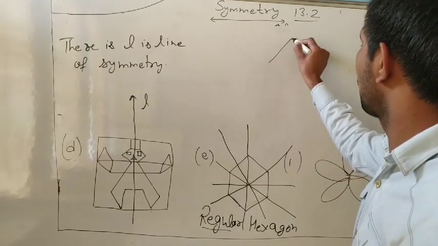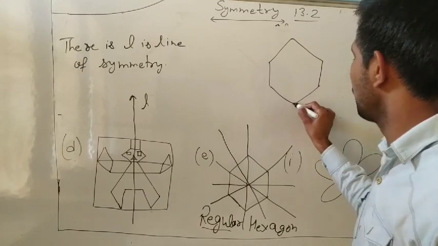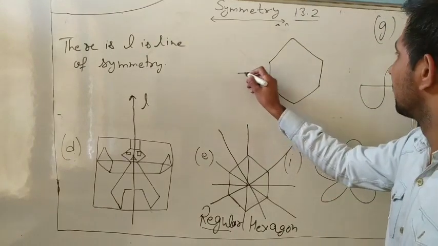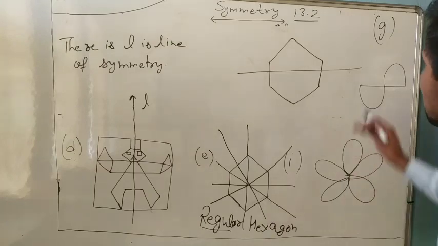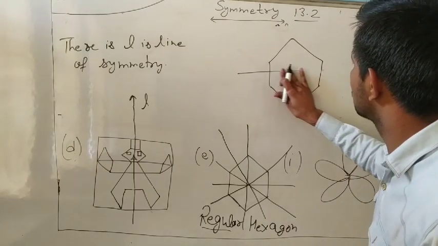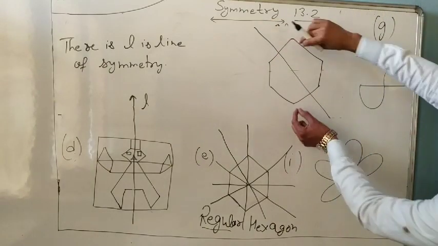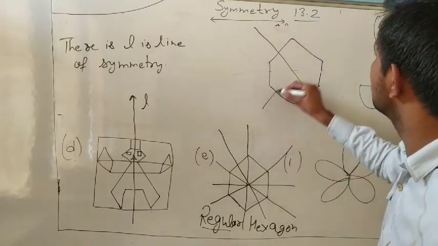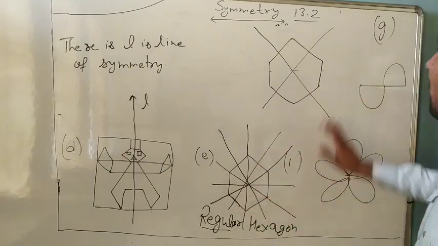I am telling you, I am making one more figure. Now we are taking this, and they are also lines of symmetry. And if you take this like this one, yes, it is a line of symmetry. You can rotate this figure. And next is this one, same as it is. So one more. So how many lines of symmetry?